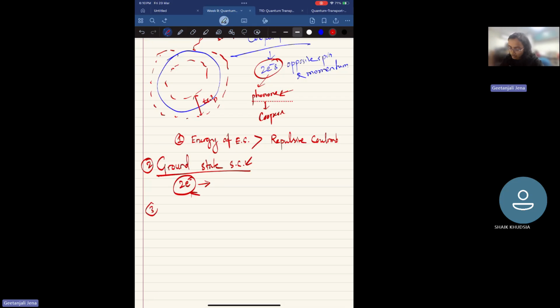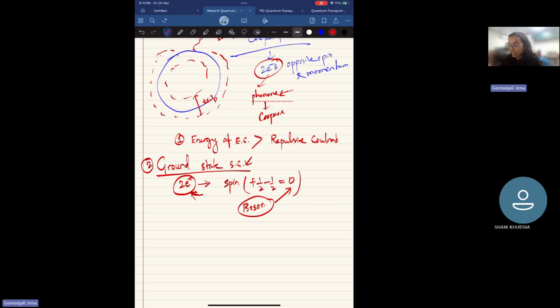And the third one is that one of the key pieces of information that we can get from this ground state is that these two electrons combine through opposite spin as well as opposite momentum. So that means that if spin plus up and spin minus up combine, then it will give a spin zero. And this spin zero is characteristic of a boson-like particle.